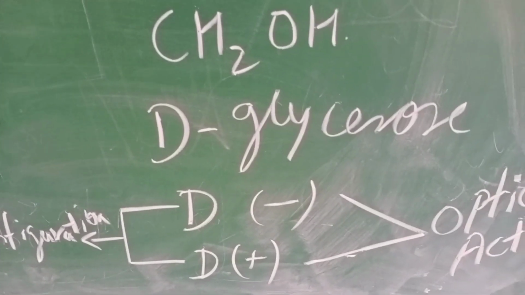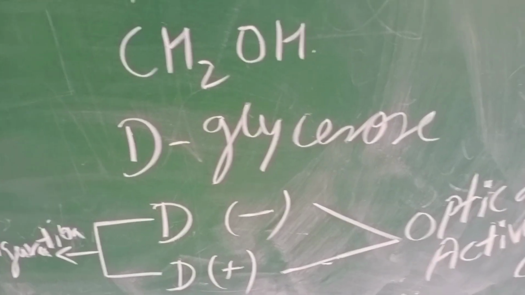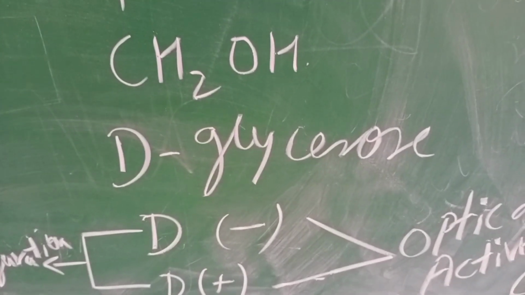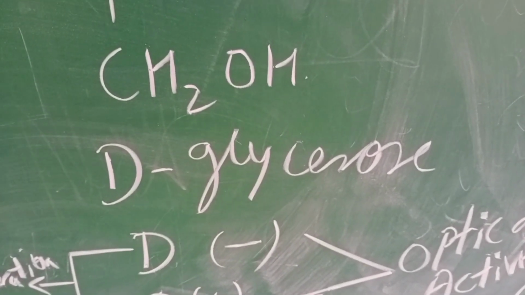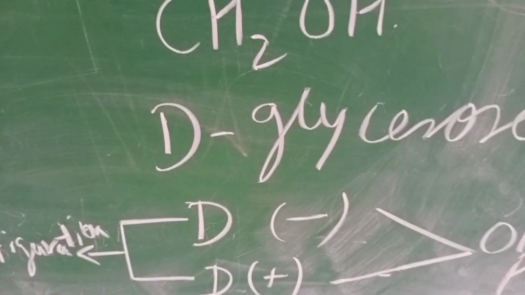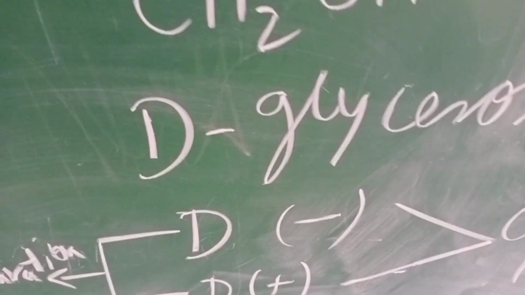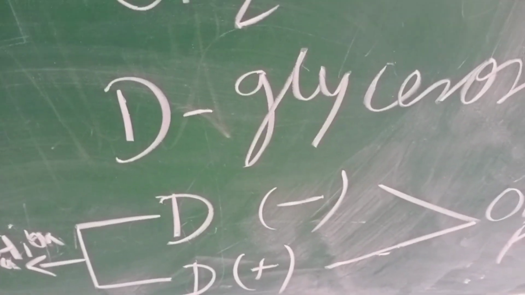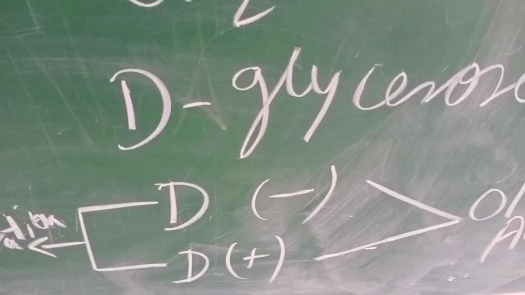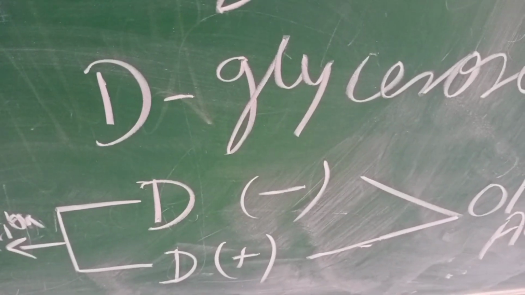So if the glycerose molecule is represented by capital D and a negative symbol, this means the glycerose molecule exists in the D configuration, or belongs to the D series, and has an optical activity which is levorotatory.